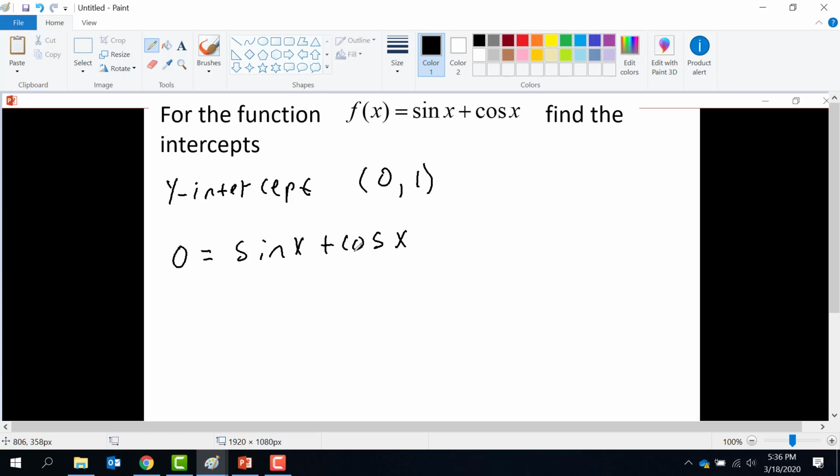So we could subtract the sine of x from both sides, and then divide both sides by the cosine of x.